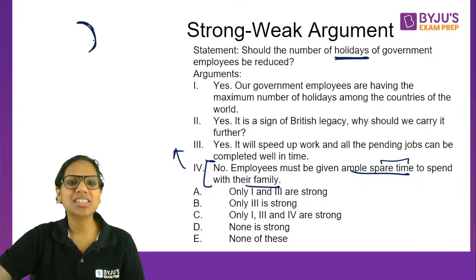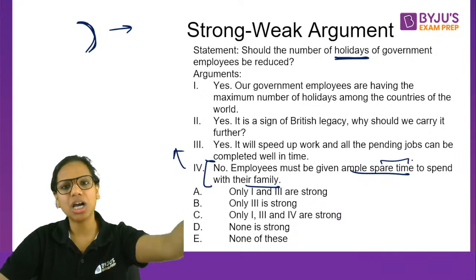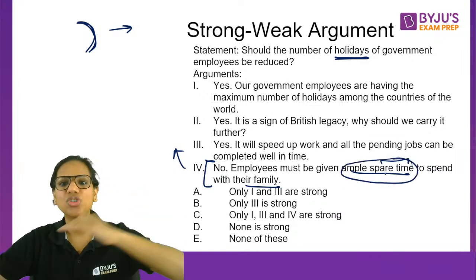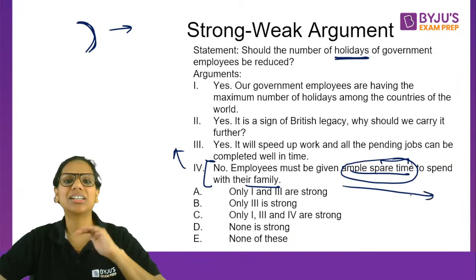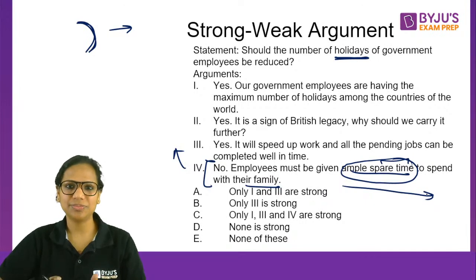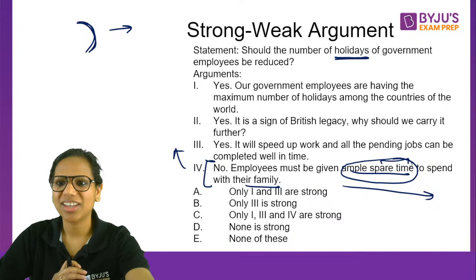Your working hours, anything apart from your working hours is your spare time. So we can't assume that employees will be given ample spare time only when they have the current number of holidays. So this argument is going tangential. It is not directly related to holidays. And that is why 4 is not strong. Hope this makes sense. Okay.